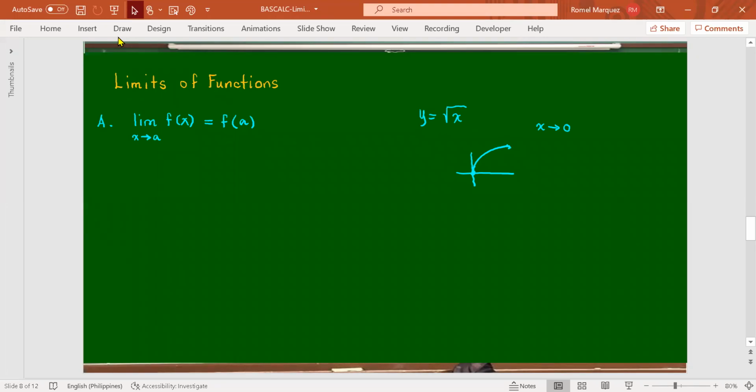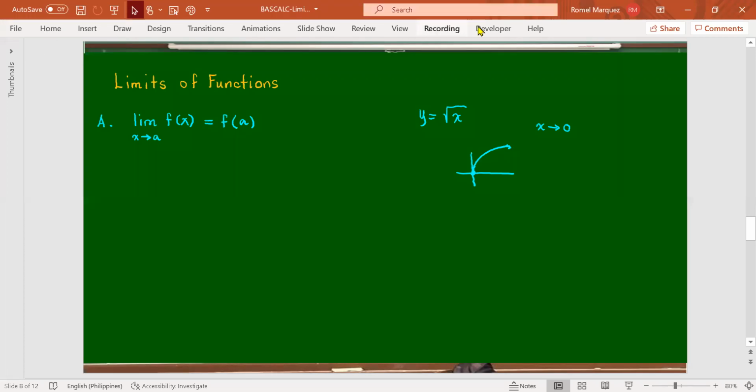That's why if you're asked for the limit here, the limit as x approaches 0 does not exist. But if you're interested only in the limit as x approaches 0 from the right, it is equal to 0. From the left, it does not exist. Therefore, the two-sided limit does not exist.